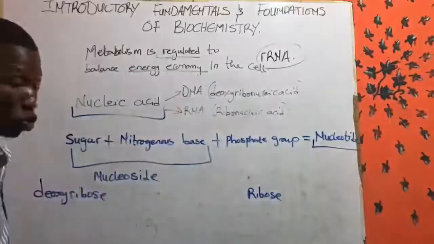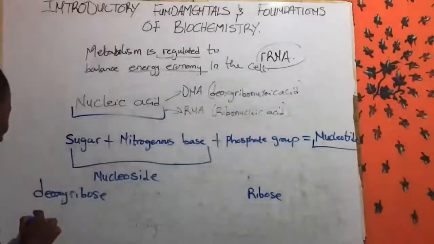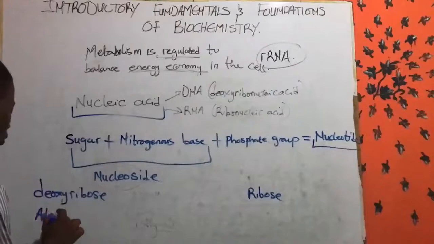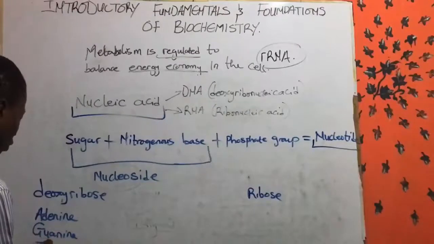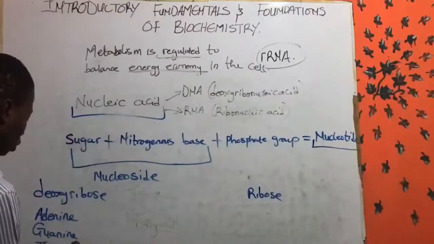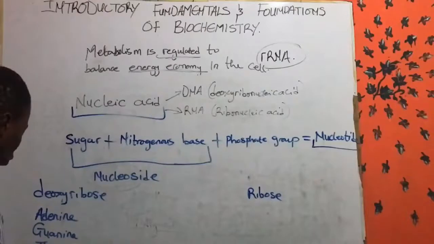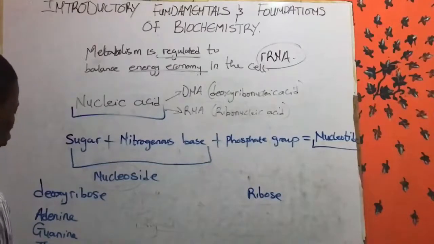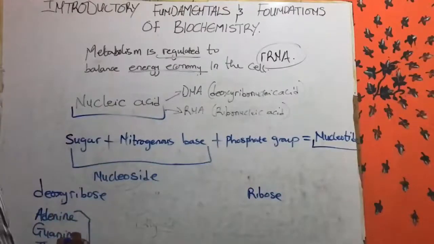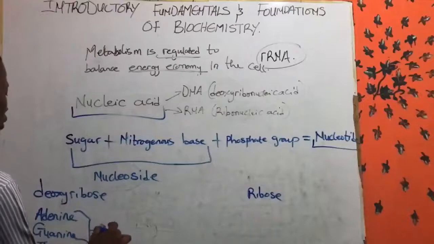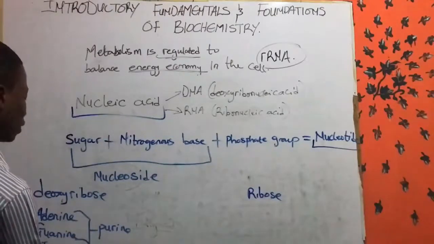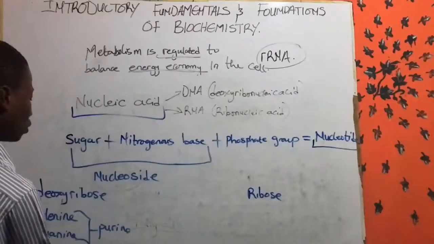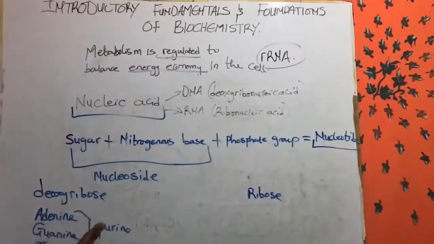Your nitrogenous bases in DNA will be adenine, guanine, thymine, and cytosine. Now these two are known as purines, and these two are known as pyrimidines. Let's leave it this way.